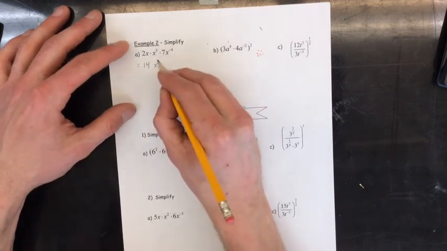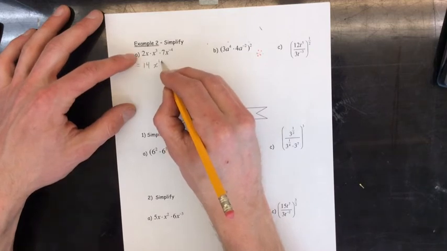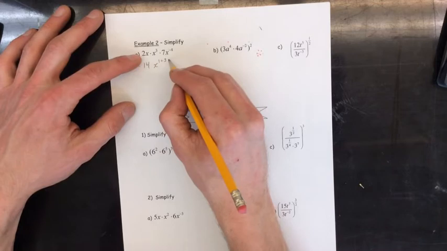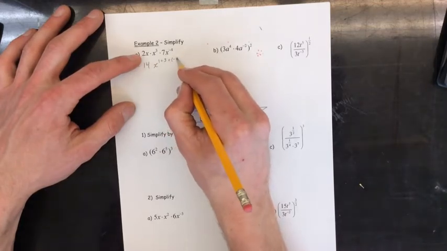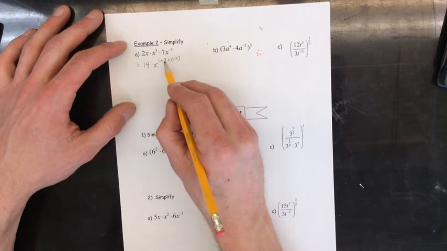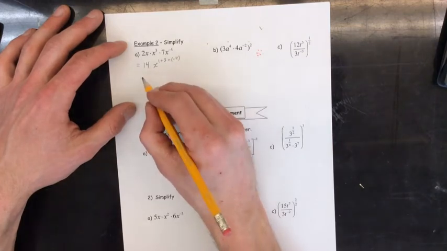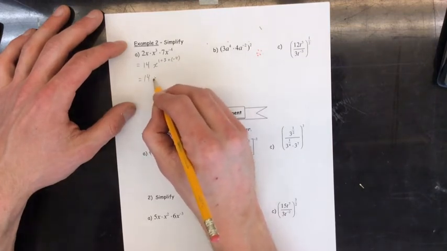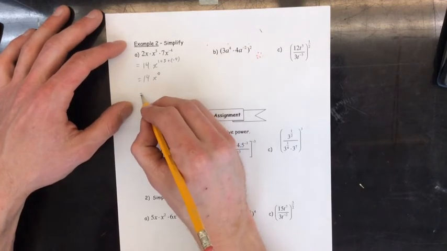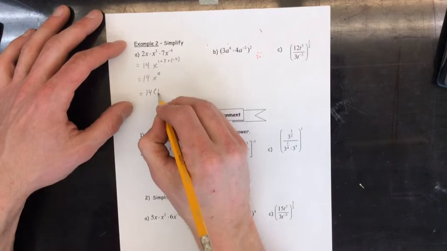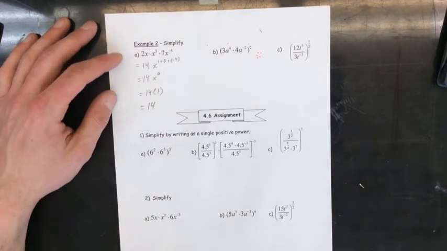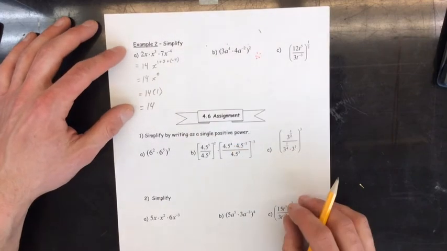Then I have x to the 1 plus 3, because this is multiplication, and now plus negative 4. So 1 plus 3 is 4, plus negative 4 is 0. So 14x to the power of 0, which is 14 times 1, which is 14, because x to the power of 0 is equal to 1.